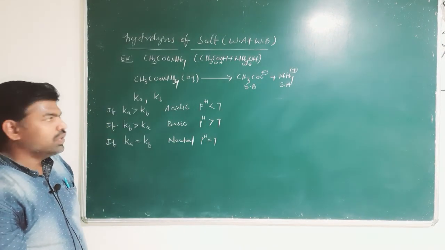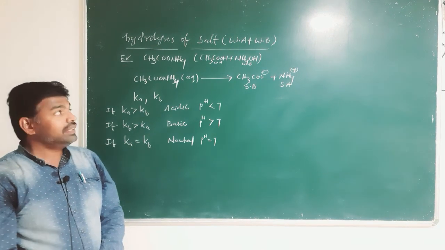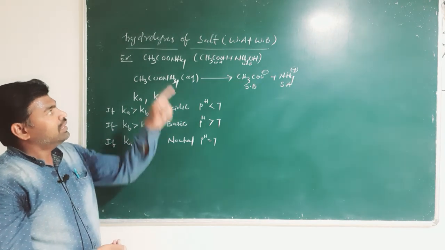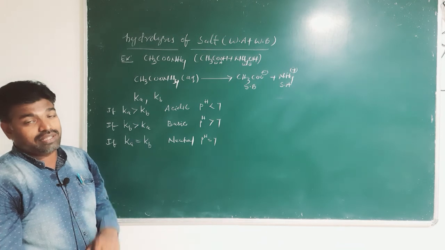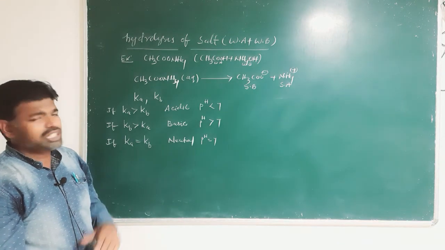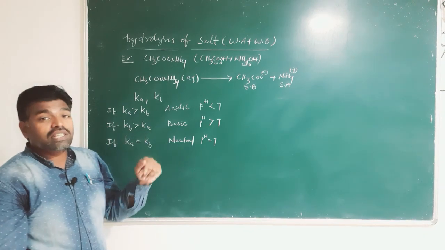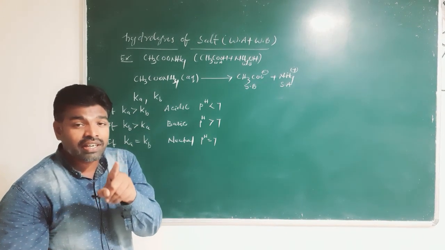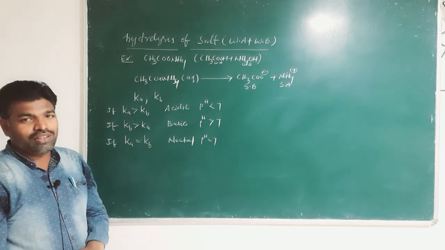I told you that unlike the other salt hydrolysis, the hydrolysis of salt derived from weak acid and weak base has special characteristics. What are they? The nature of the resulting salt solution depends on the Ka and Kb values.